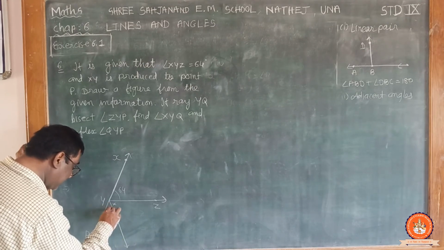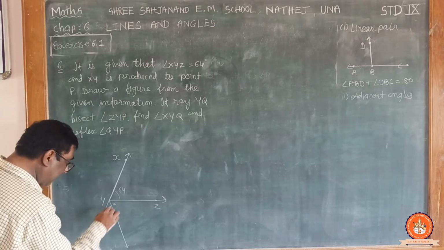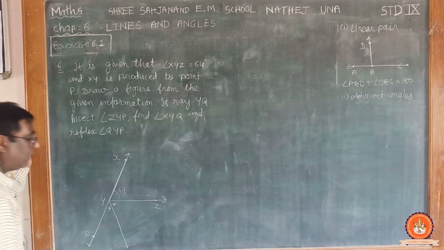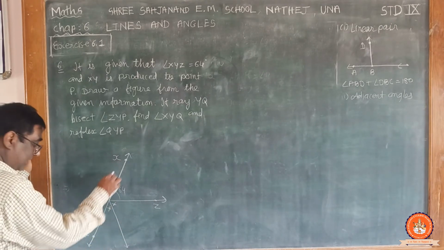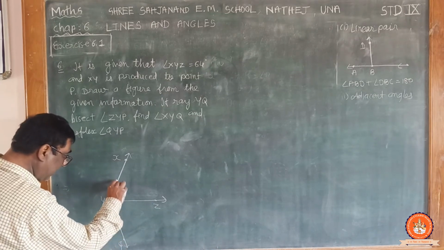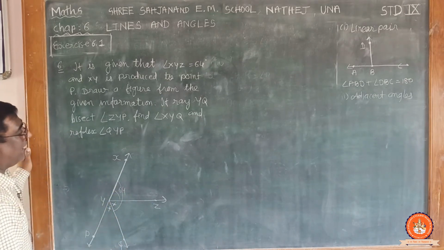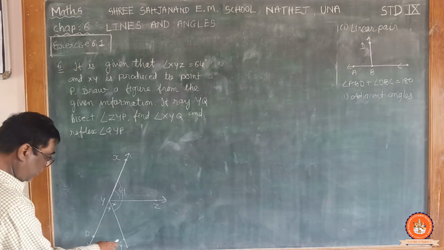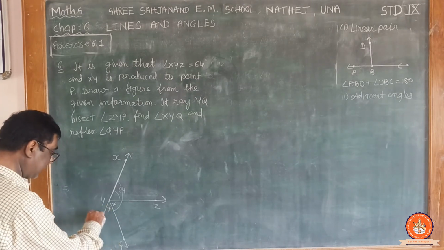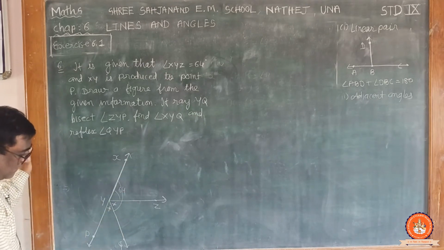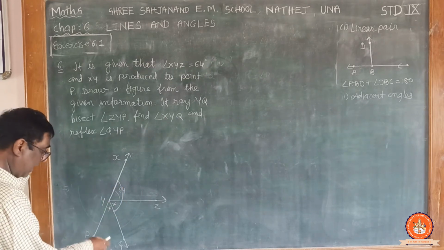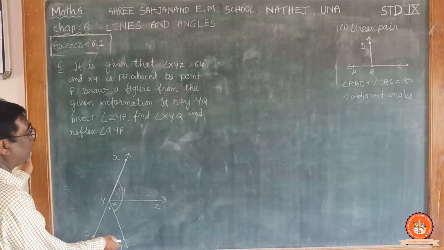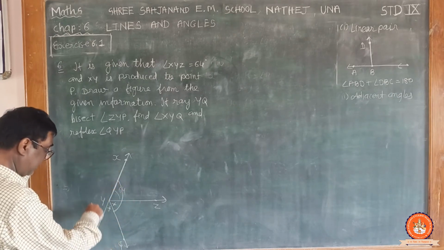So bisect means this whole ZYP angle is divided into two equal angles. So what do we require to find? We have to find XYQ, and the reflex of angle QYP. We have to find the measurement of angle XYQ and the reflex of QYP.